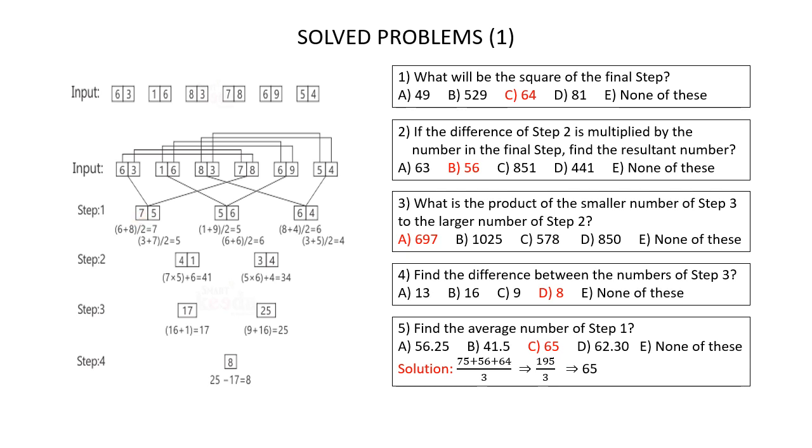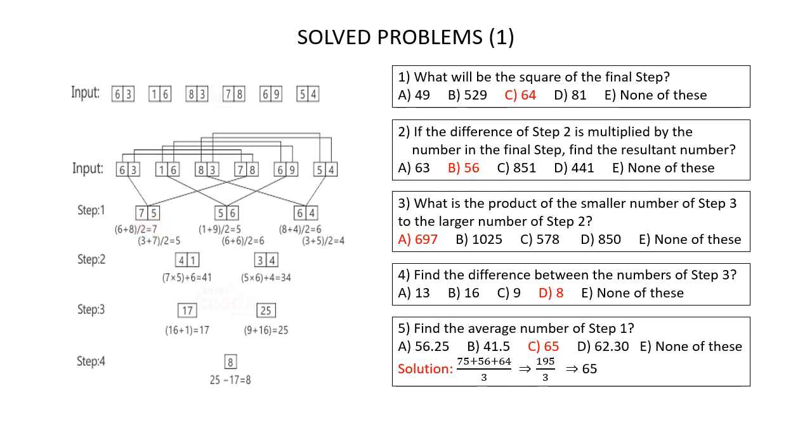Similarly, the second digit of this number is added to the first digit of this number, and the answer is divided by 2 to get the second digit of the first number of step 1. This means 6 plus 8 is 14. 14 divided by 2 is 7. 3 plus 7 is 10. 10 divided by 2 is 5. So 75 is the first number in step 1.